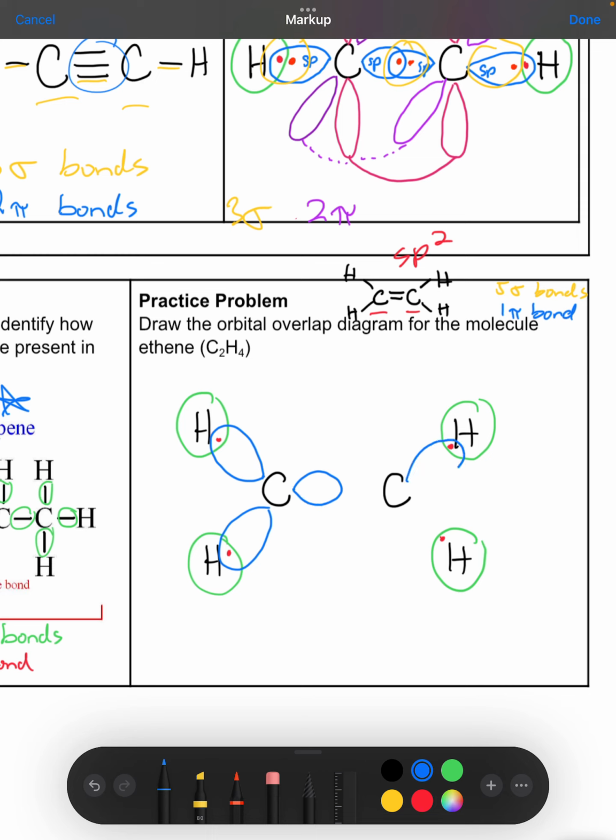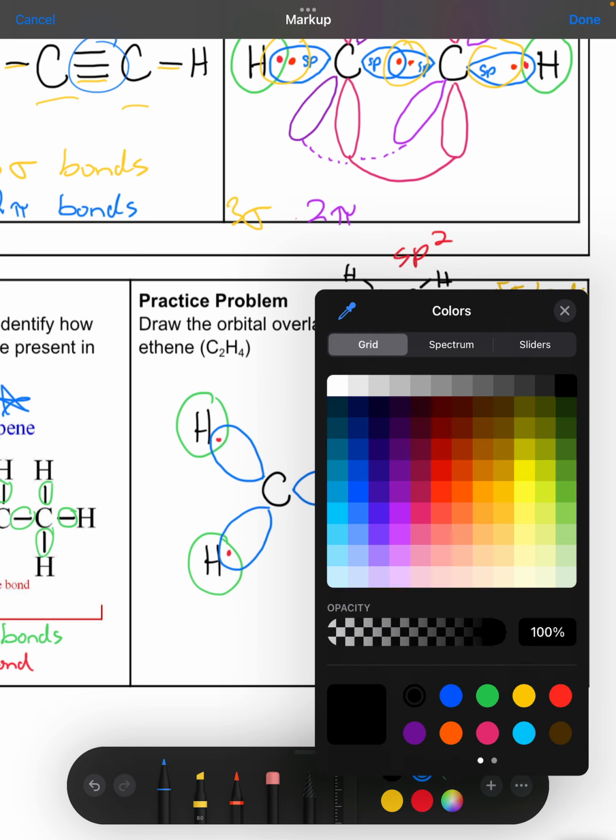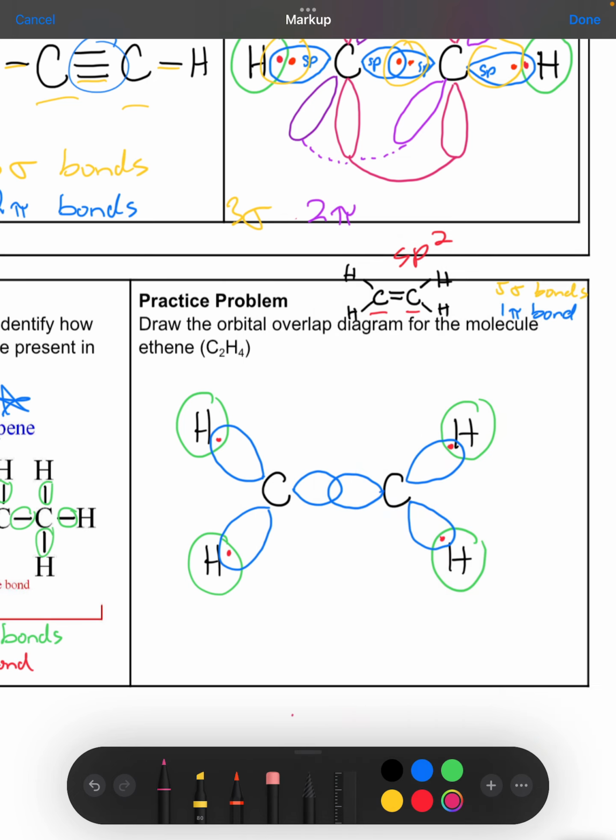So I'll just draw all of those first. 1, 2, and 3. And then we are going to see 1 unhybridized p on each of them. All right, now I'll represent carbon's electrons: 1, 2, 3, 4 on each of them.